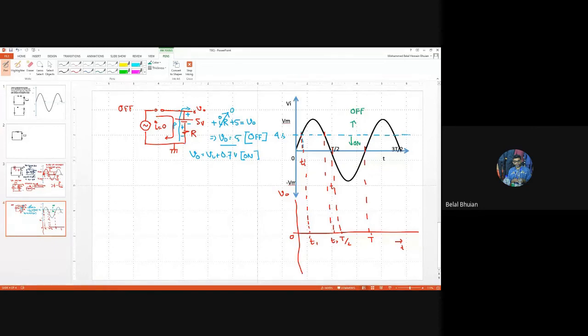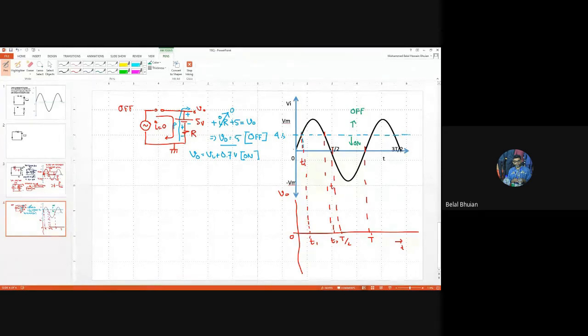So that means the output is going to take on the same shape as the input, except that it will be shifted up by 0.7. That means as if you are holding that part of the signal and pulling it up by 0.7. So if I want to draw the output for the 0 to T1 interval, I simply copy and paste this shape, and how much do I add? I'm going to add 0.7.